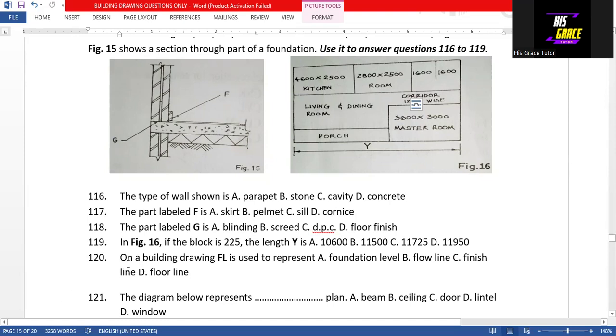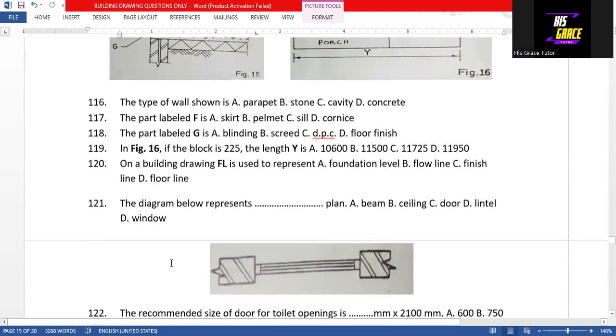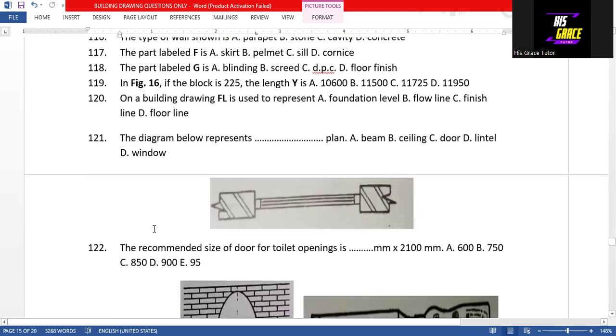119. Then we have that on a building drawing, FL is used to represent floor line, or floor level. Okay. Then question 121 says that the diagram below represents dash plan. So it represents window plan. So this is window.